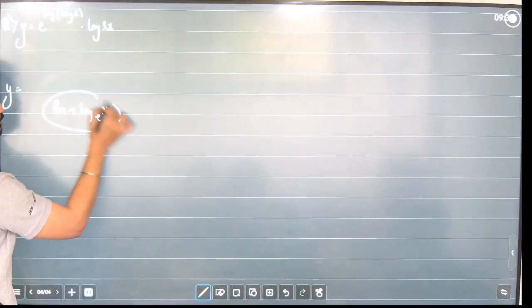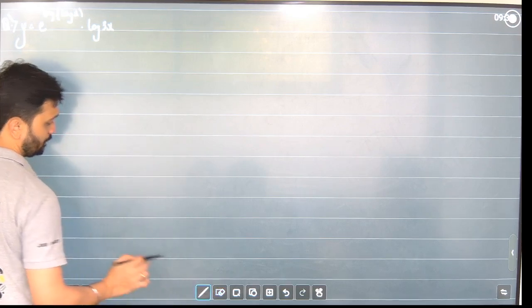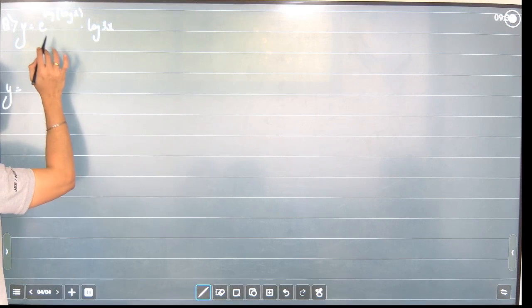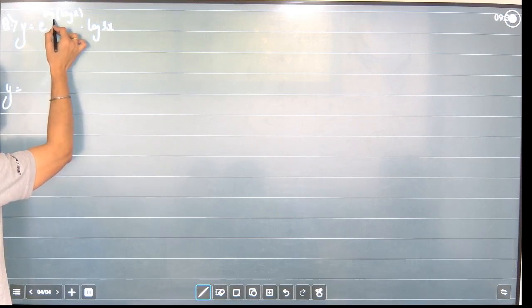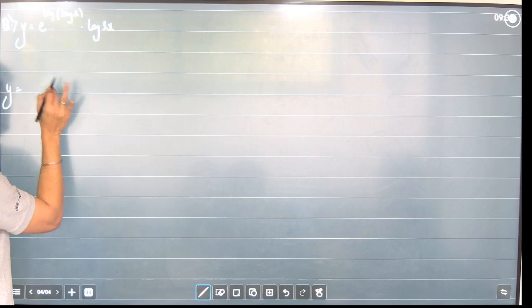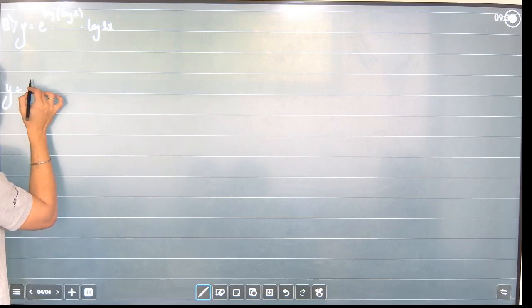It's understood that this is ln. In your school papers, board papers, we never mention ln. They always write log. Now since they have not given any base, we have the luxury of taking the base as e or 10. Because log 10 to the base 10 is 1, and log e to the base e is also considered as 1.